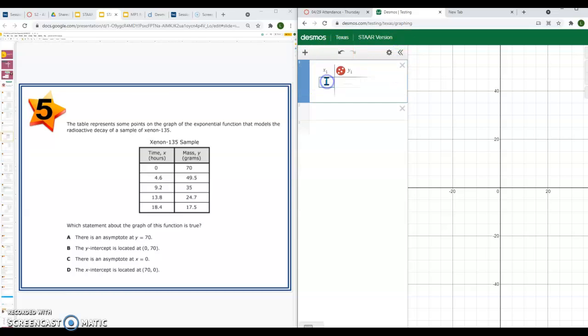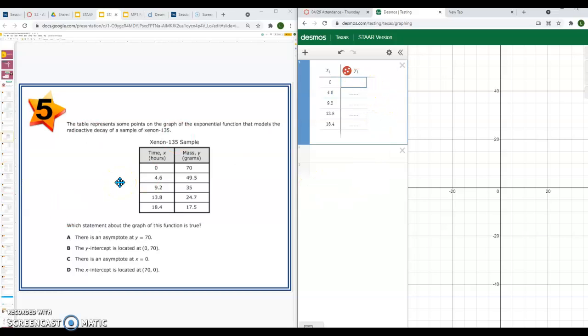So I'm going to make a table, and I'm going to put the points on that they gave me. So first, I'm going to put my x values, guys. 0, 4.6, 9.2, 13.8, and then 18.4. Next, I'm going to put my y values.